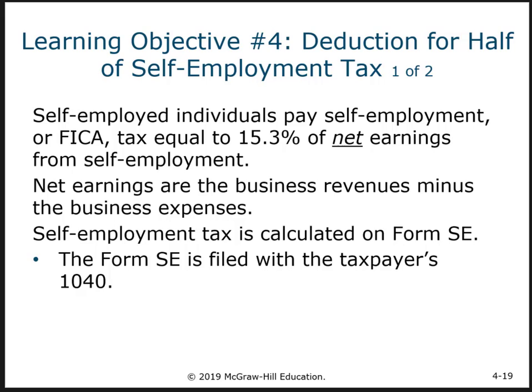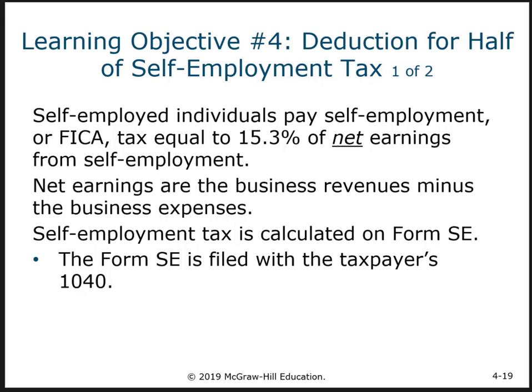This is charged to those who have their own business, and we'll talk in more detail about Schedule C or other forms of business in Chapter 6. But for now, we need to give you the basics of how this works.